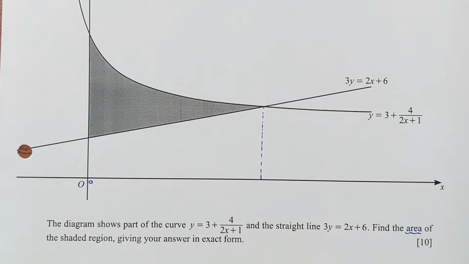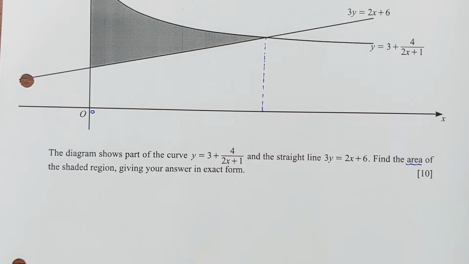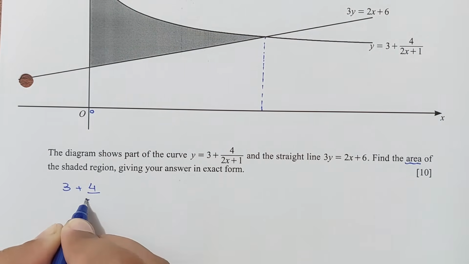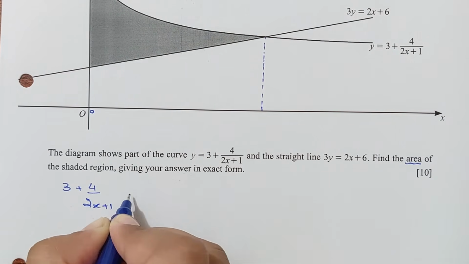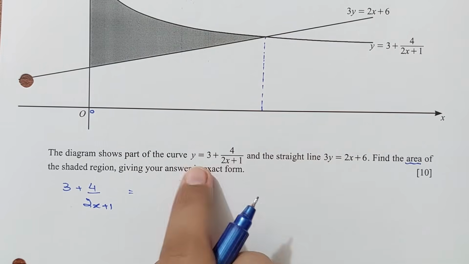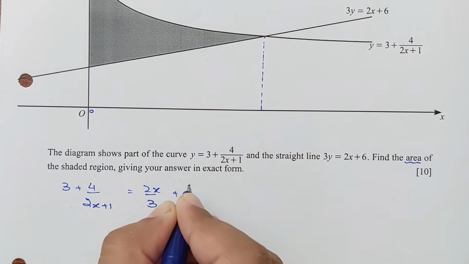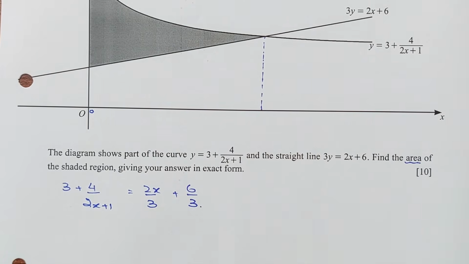Right. Point of intersection, let me put both of them equal and solve for the points of intersection. So we can say 3 plus 4 over 2x plus 1 equals, solving for y's, 2x over 3 plus 2. Right.